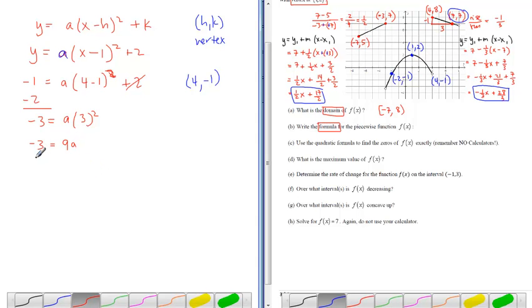To solve for a, just divide by 9. So my a value is -1/3. Just to double check, a negative a value is going to make this open down, concave down. So that's good. So my final equation, y equals -1/3 times x minus 1 squared plus 2.